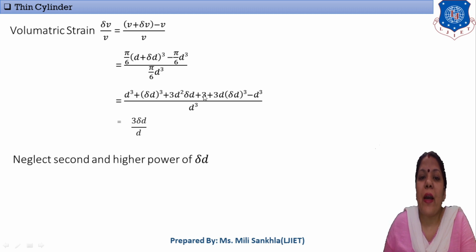Okay, and divide by this d cube; the d cube terms cancel out. The del d cube term is neglected because it is a minor term. The minus d cube and plus d cube are cancelled, and simply these terms are left. Now d square by d cube, that means 3 del d by d is left here.